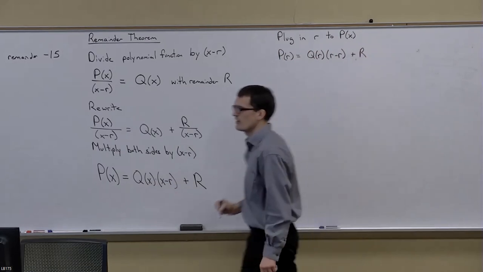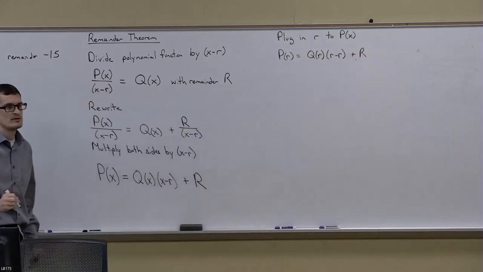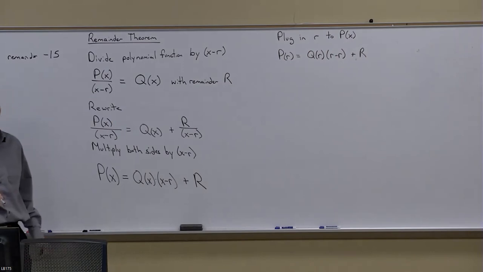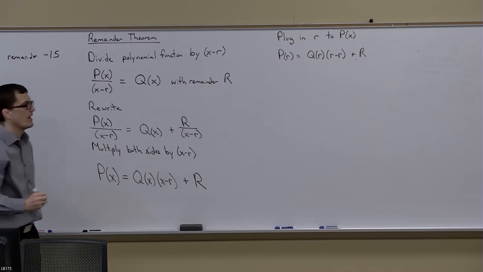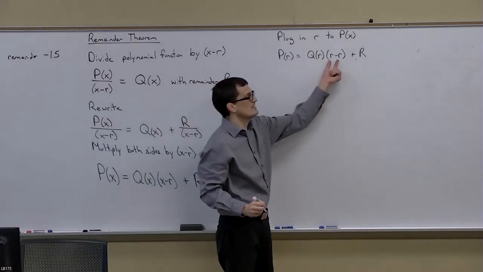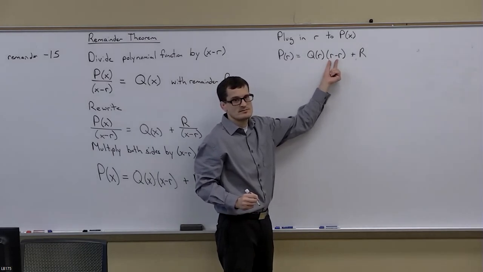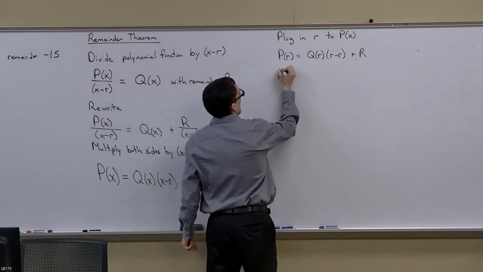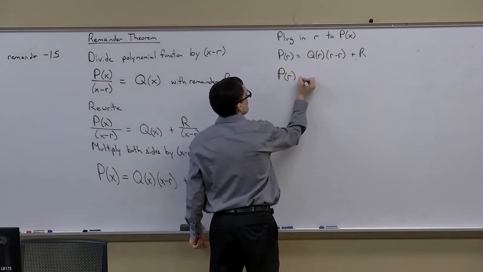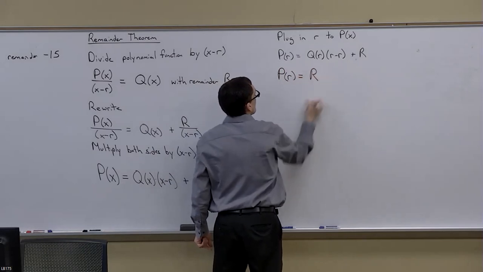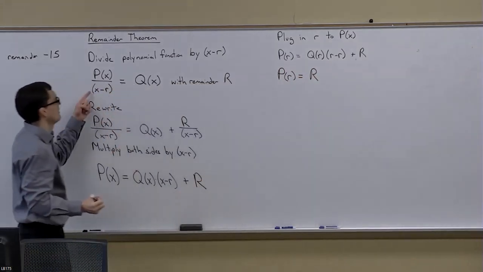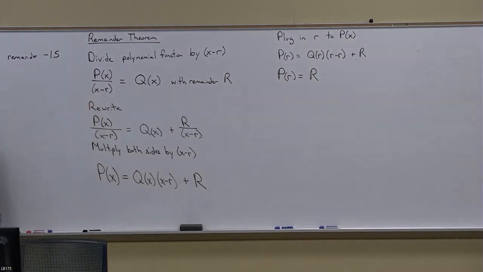So we plugged in lowercase r for all of our x's. And what you should notice is that this thing becomes a 0. And so if you plug in lowercase r, you get the remainder from division.